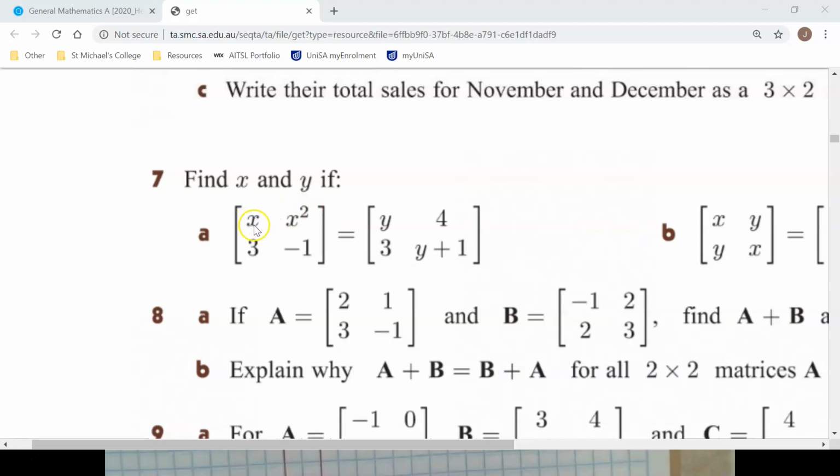So I know that x would be equal to y because they're in the same position. I would know that x squared is equal to 4. I would know that 3 is equal to 3. And I would know that negative 1 is equal to y plus 1. Using that information, we'll be able to determine the values of those unknowns.